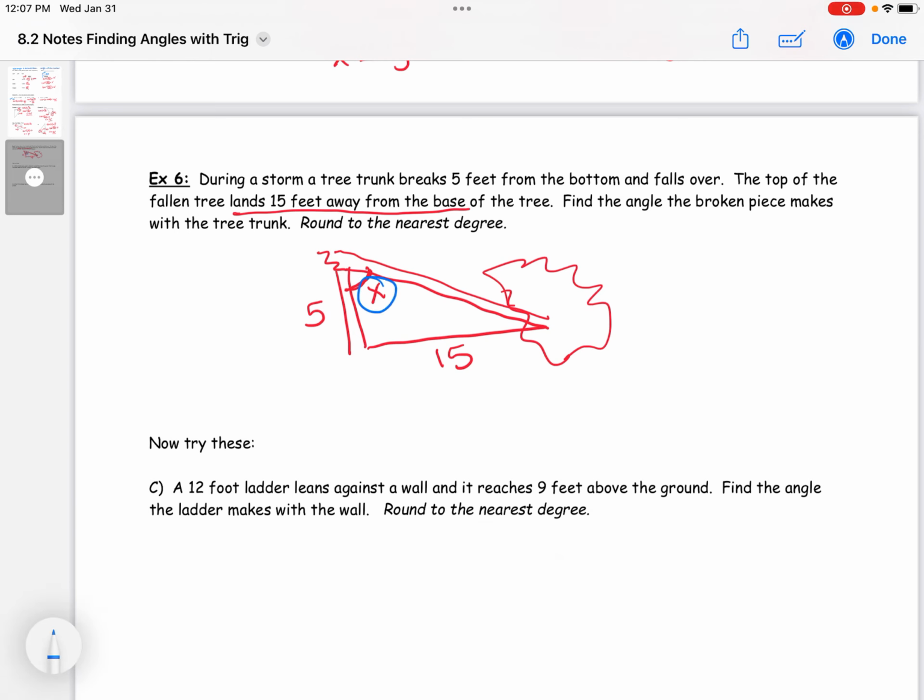If I'm looking for that angle, I have opposite and adjacent, so I'm going to use tan x equals 15 over 5, which is 3. To know the angle, I do second tan 3, which would be 72 degrees.